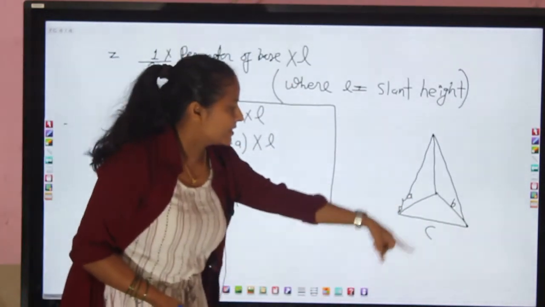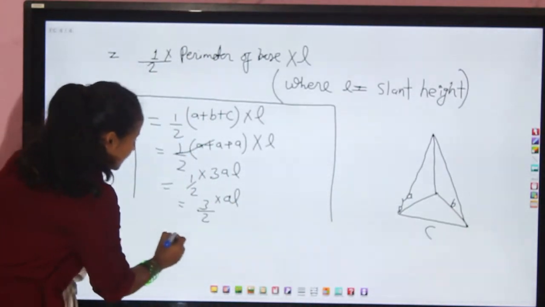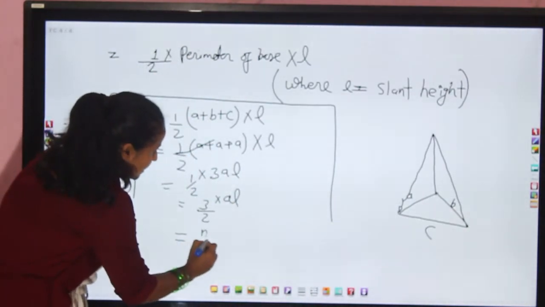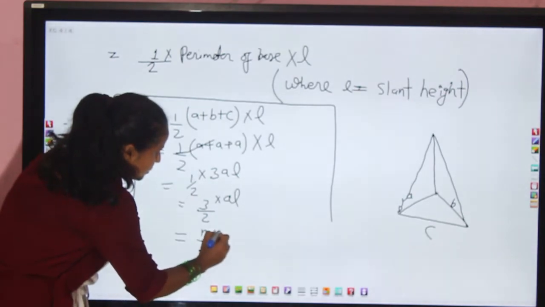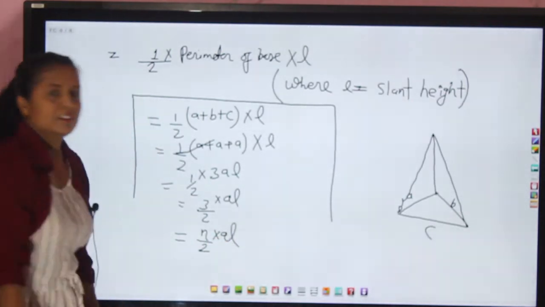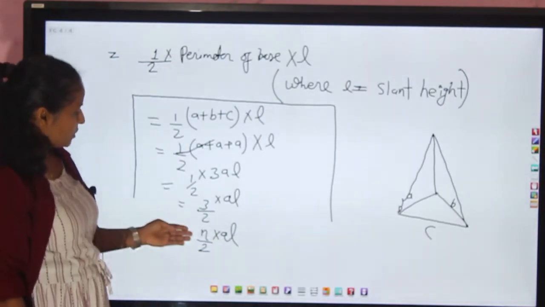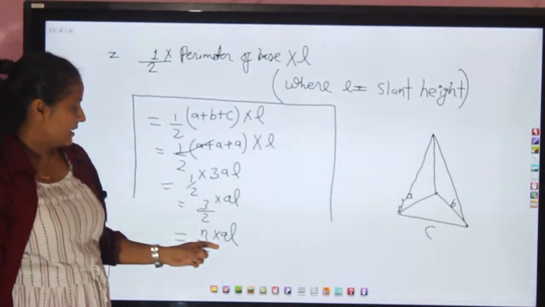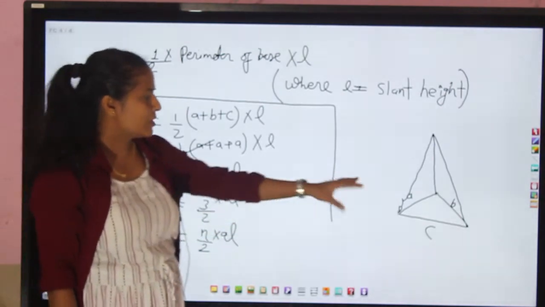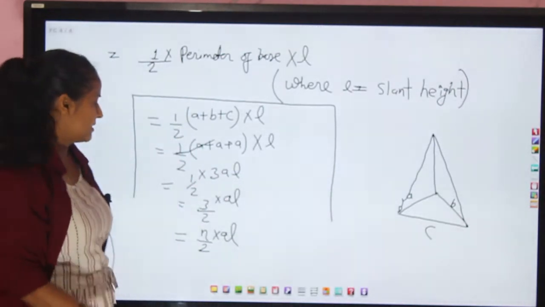Here are 3 sides of the base. So you can write n/2 into AL also. These both are similar formulas, n/2 into AL, where A means the length of the side and n represents the number of sides of the base.